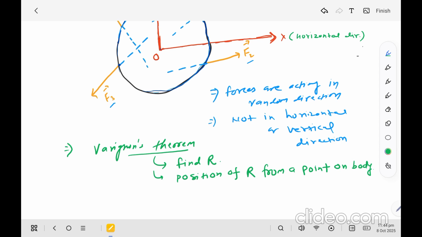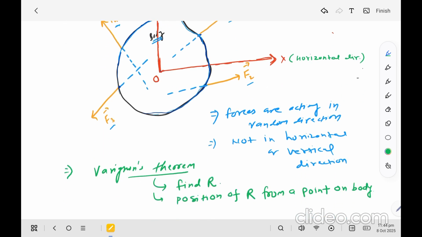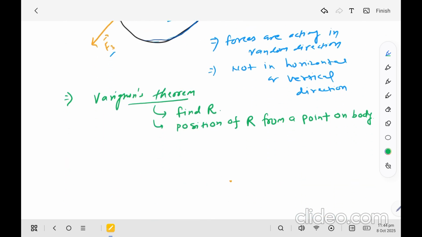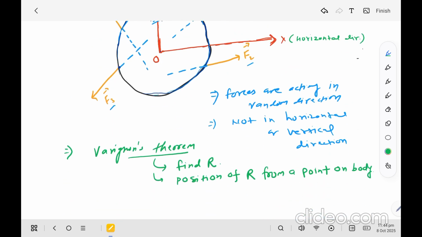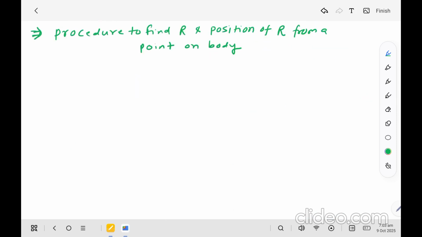We can use the Varignon theorem to simplify this general force system. If we have a general force system, it means an object with many forces acting in different directions, then we can simplify such problems by using the Varignon theorem. So now I discuss the procedure to find resultant R and its position from a point on the body.